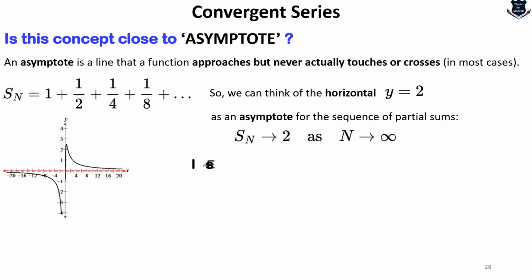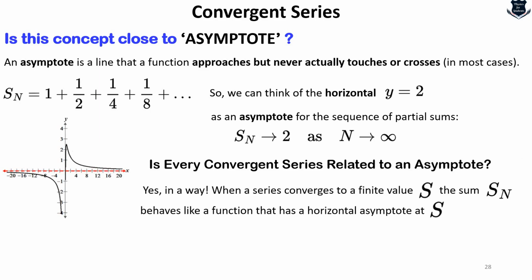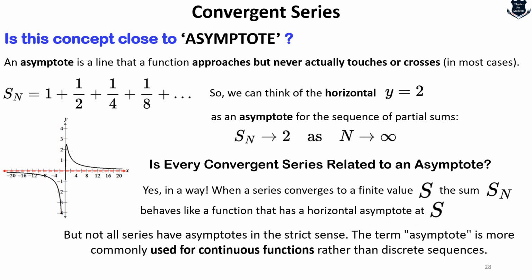So the next question obviously arises: is every convergent series related to the concept of an asymptote? Yes, in a way. When a series converges to a finite value s for the sum Sn, it behaves like a function that has a horizontal asymptote at s. But remember, it won't be right to say that series have asymptotes in the strict sense.